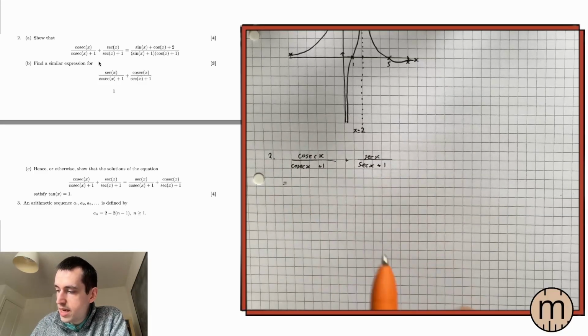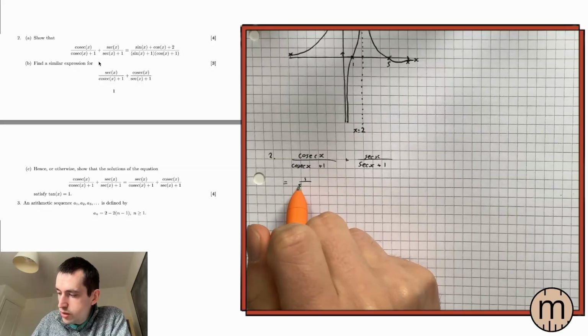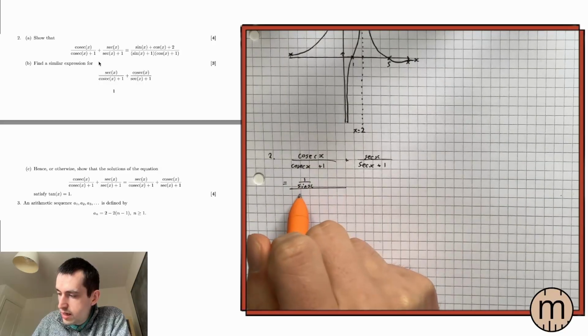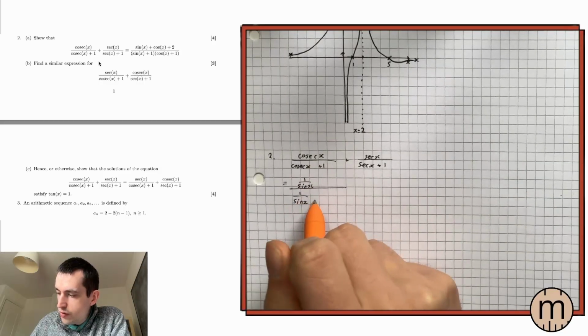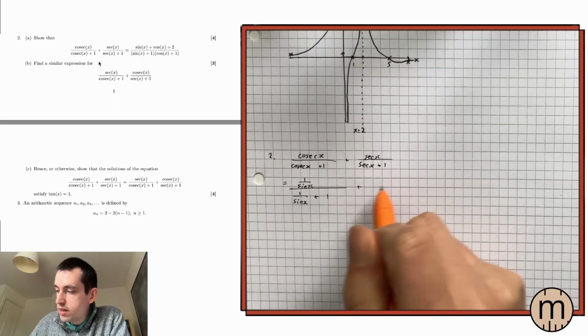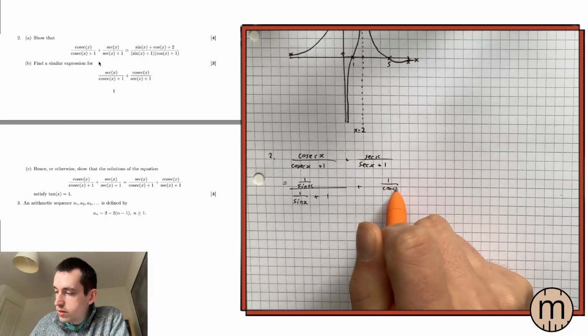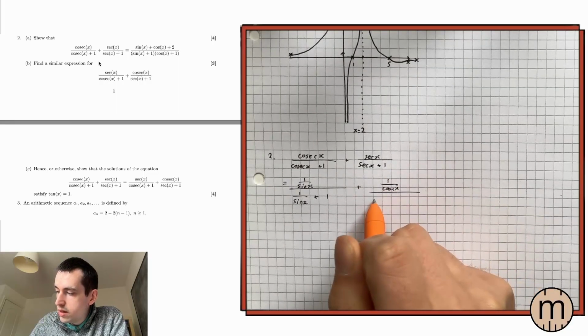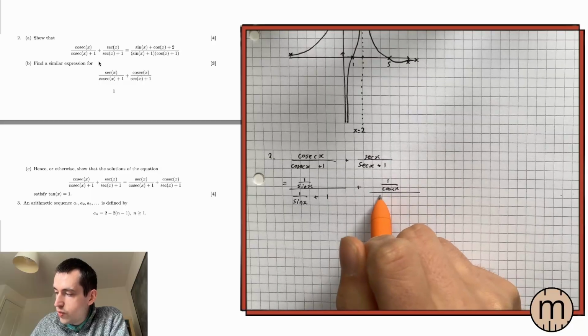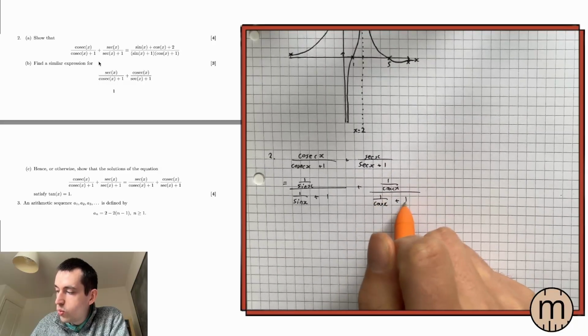We'll see what happens. So cosec is 1 over sine. So it's going to be 1 over sine over 1 over sine plus 1, plus 1 over cos over 1 over cos plus 1.